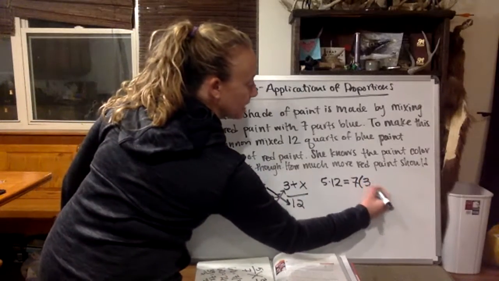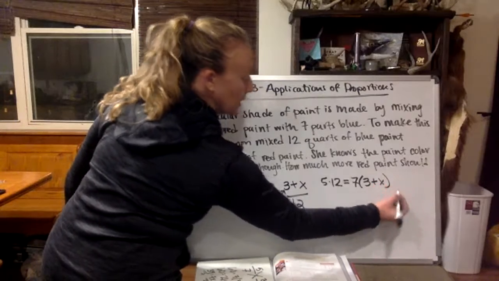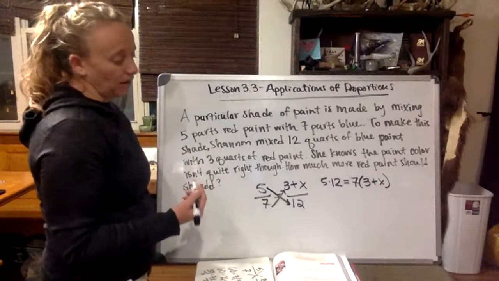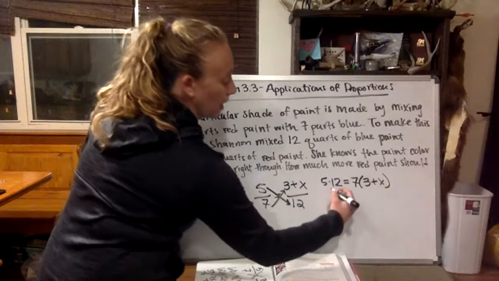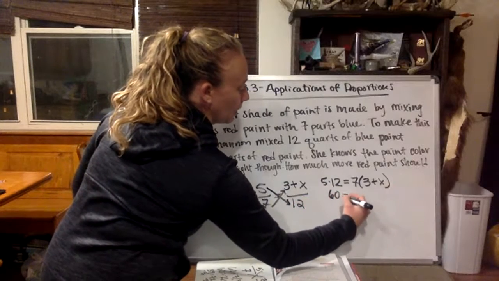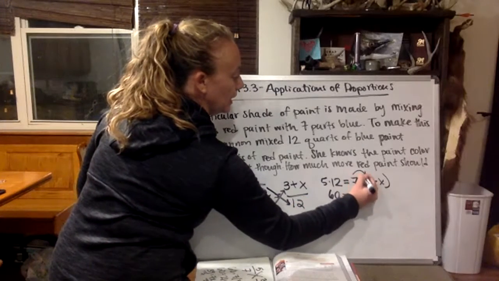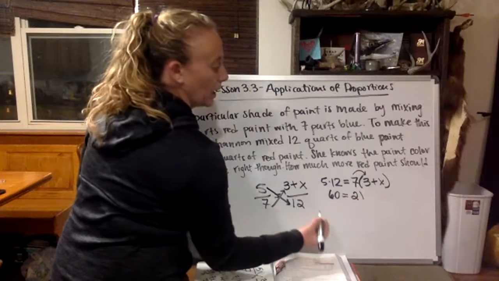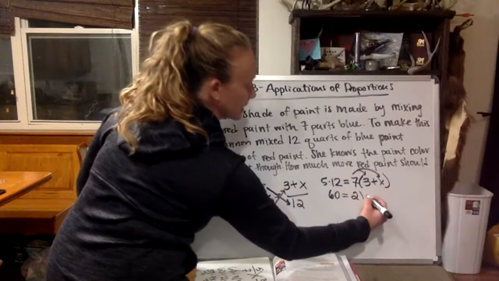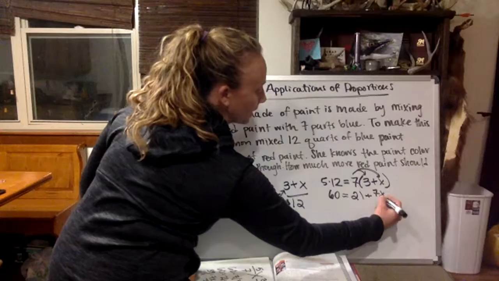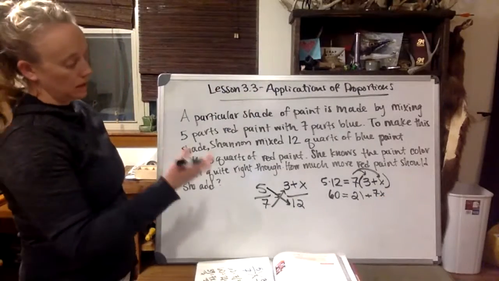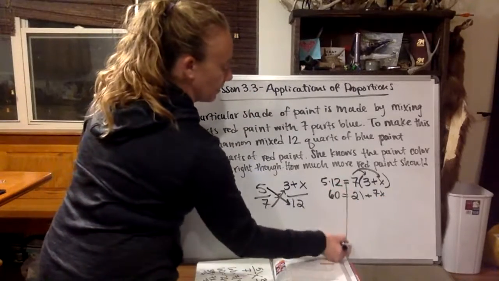So I get 7 times 3 plus x in parentheses. And then I'm going to solve it. 5 times 12 is 60. 7 times 3, distribute that in, is 21, plus 7 times x, because I have to make sure both of them are affected by that multiplication of 7. Now I can do some final solving.